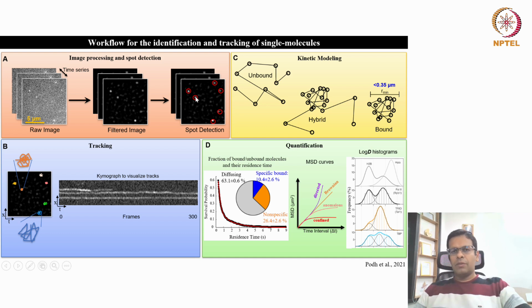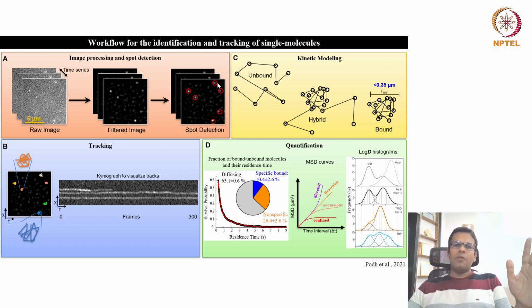Once the particles are detected, the next step is to connect these particles from one frame to the next frame to make the trajectory. So first it detects the particles in all the frames. Suppose you capture a time-lapse movie of 1,000 frames. Then the software will connect this molecule from this frame to this frame, from this frame to this frame, to generate the trajectory.